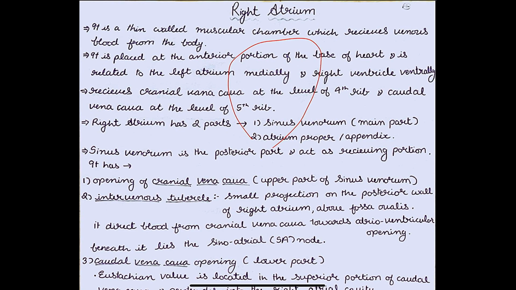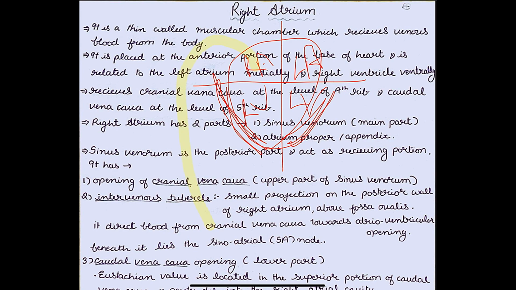So this is just a rudimentary structure of the heart, and we have 4 chambers: right atrium, right ventricle, left atrium, left ventricle. Always remember that the ventricles have a thick wall, so their function is to pump the blood, while the atria receive the blood. The deoxygenated blood from the body will come into the right atrium.